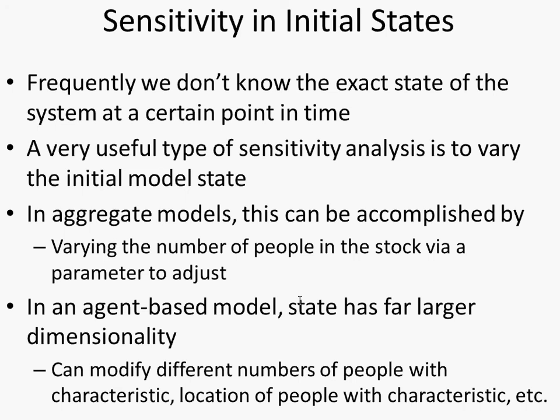So here, sensitivity to initial state is a feature of some models and less so of others. And it's worth testing how sensitive your model is to the initial state. I would note that in aggregate models, this can often be done a lot easier. You iterate over the fraction of people in each stock, compared to an agent-based model where trying to quantify all possible initial states is infeasible.